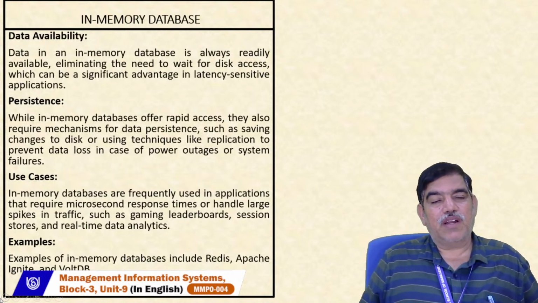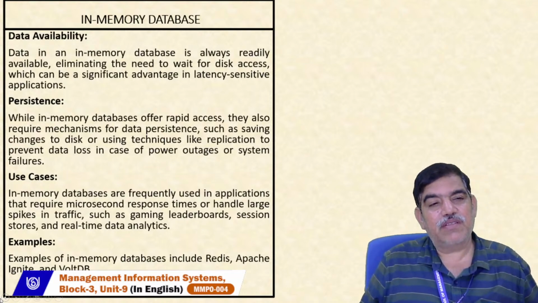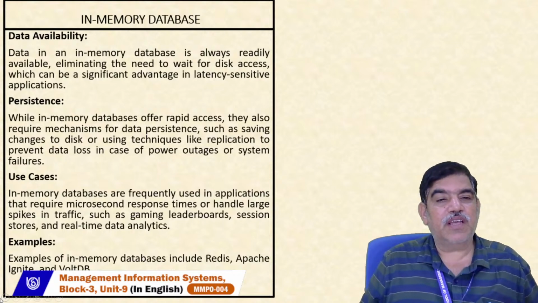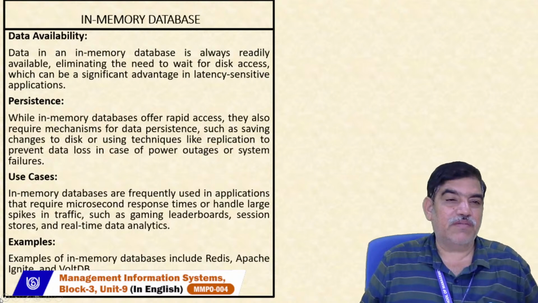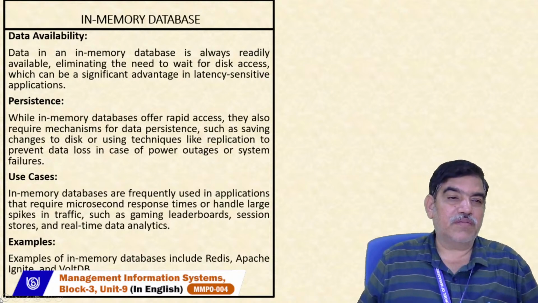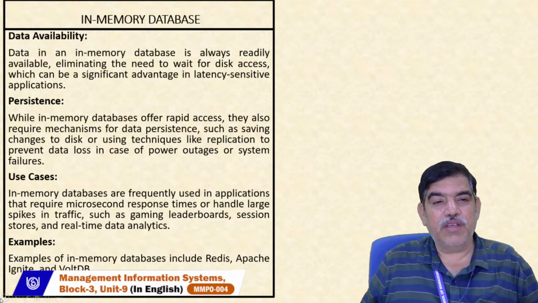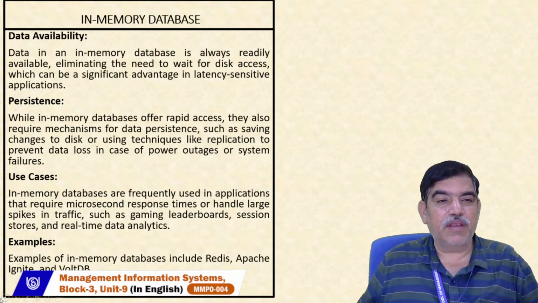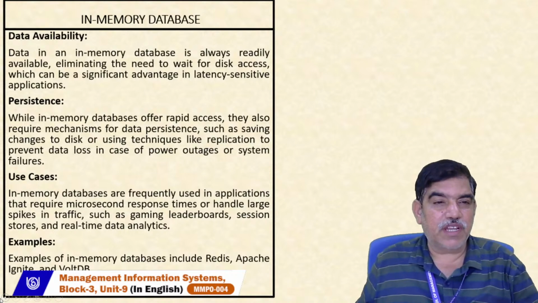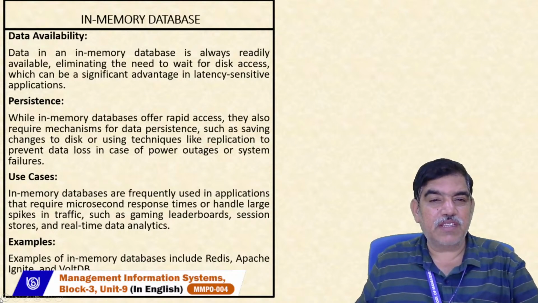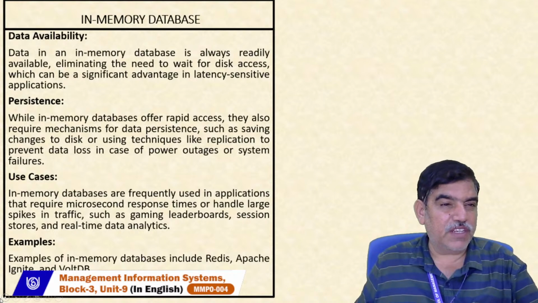If we store our data permanently in a database, it is our job to check whether it is available as and when it is required or not. Data in memory is always readily available, eliminating the need to wait for disk access, which can be a significant advantage in latency-sensitive applications.